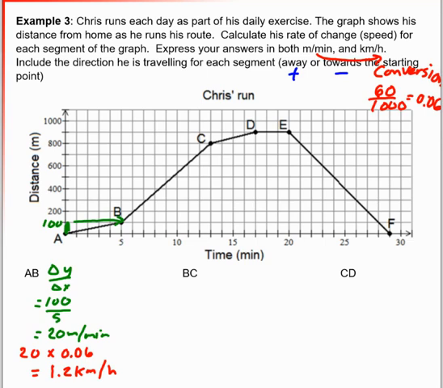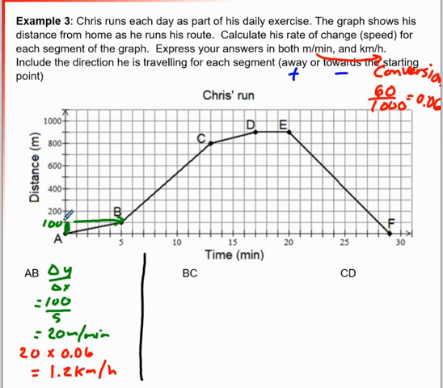Okay, we'll separate these so we don't mess up our math. Okay, so BC, B to C. So check your rise over your run. You pause the video and try that on your own. All right, once again, we can get started.